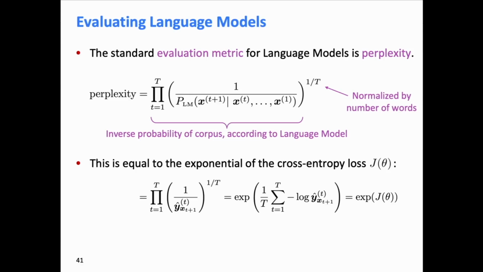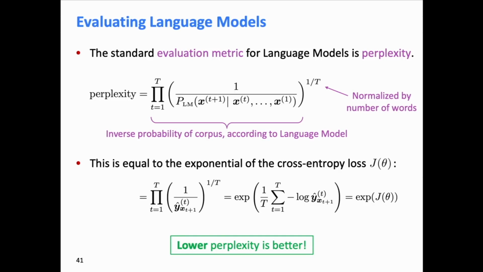And this is a good thing, because if we're training the language model to minimize the cross-entropy loss, then you are training it to optimize the perplexity as well. So you should remember that lower perplexity is better, because perplexity is the inverse probability of the corpus. If you want your language model to assign high probability to the corpus, then that means you want to get low perplexity.